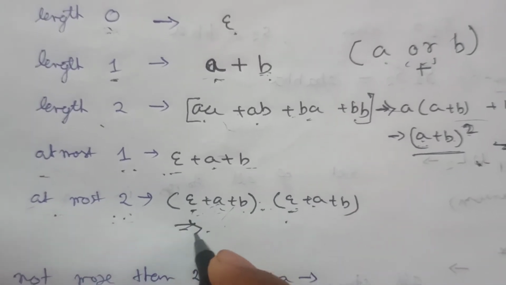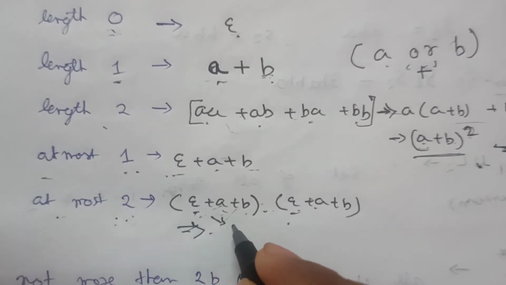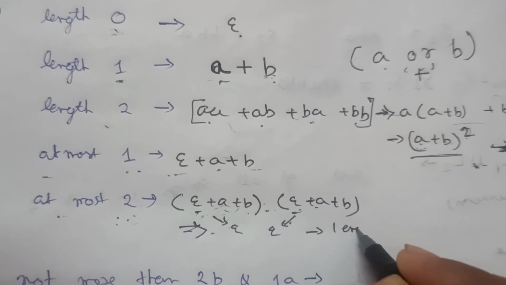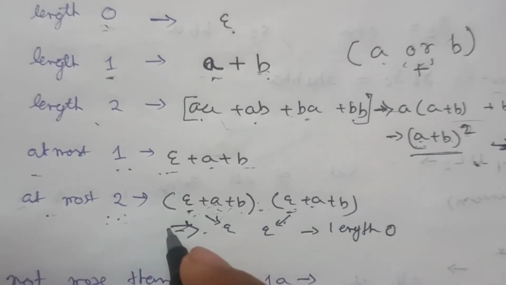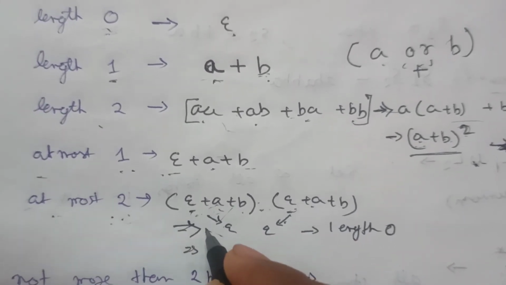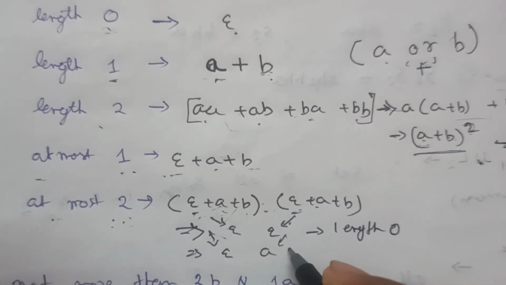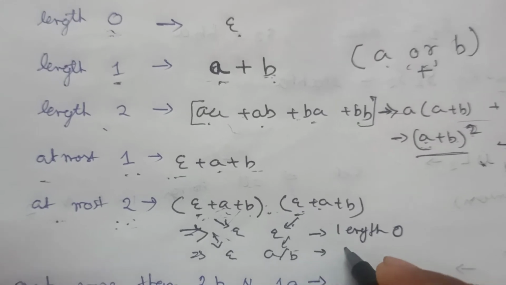So I am writing here. I am taking null from here and also null from here, so it will be length 0. If I take null from here and a from here, or I can also take b from here, then it will be length 1.